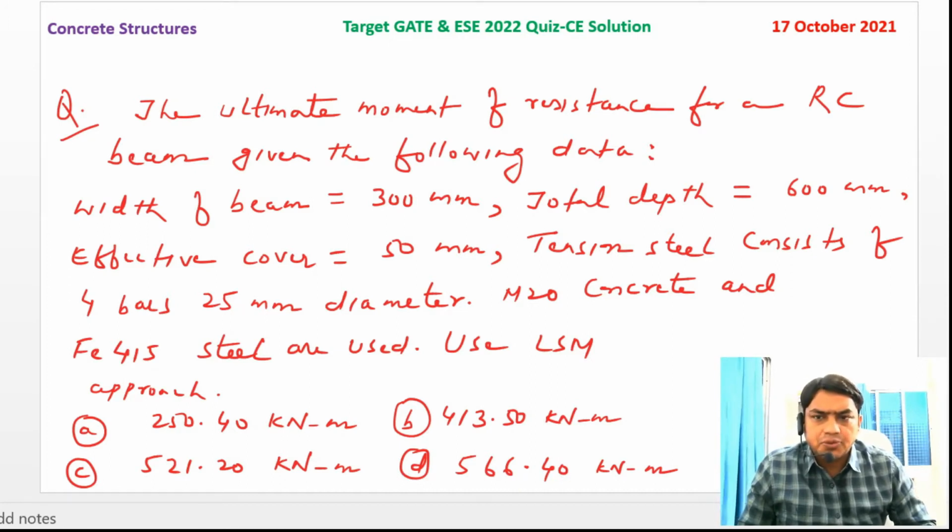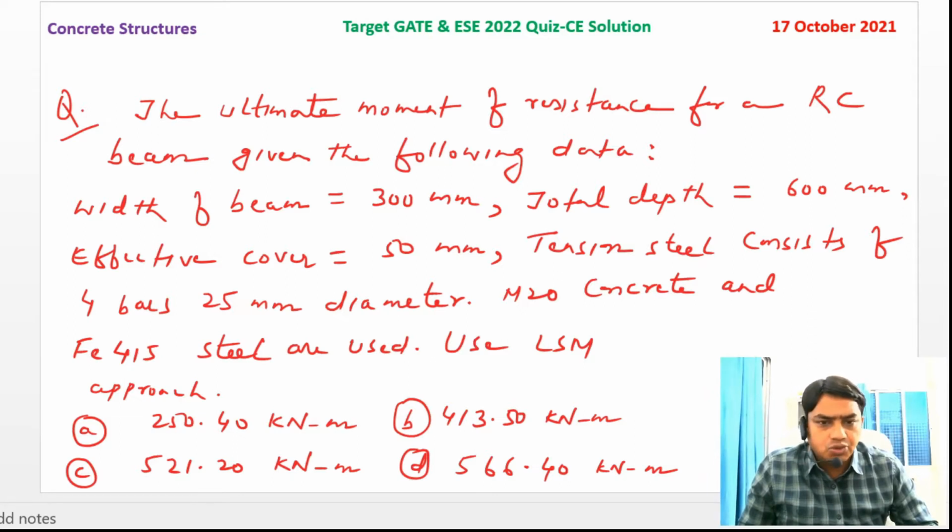Yesterday I uploaded the question for the GATE and ESE exam in 2022, related to concrete structures. The question asks us to compute the ultimate moment of resistance for an RC beam with the following data. Width of the beam is 300 mm, total depth is 600 mm, effective cover is 50 mm, and the tension steel consists of 4 bars of 25 mm diameter.